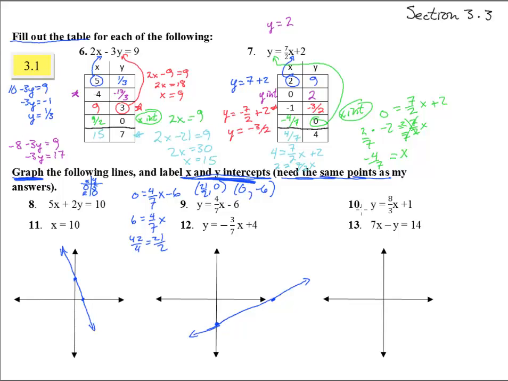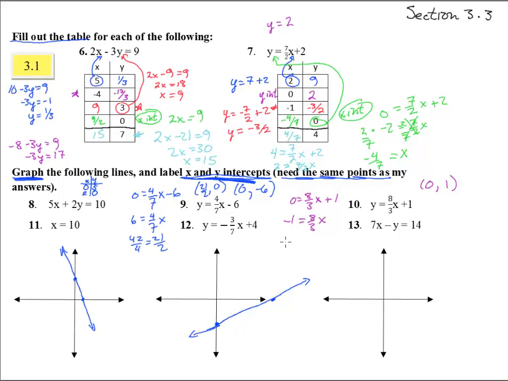And number 10. Ooh, there's another one with y by itself. So we stick in 0 for x. Oh, that's nice. Whoosh, gone. And we get 1 for y. There we go. And if we stick 0 in for y, then we get 0 equals 8/3 x plus 1. Subtract 1 over there.